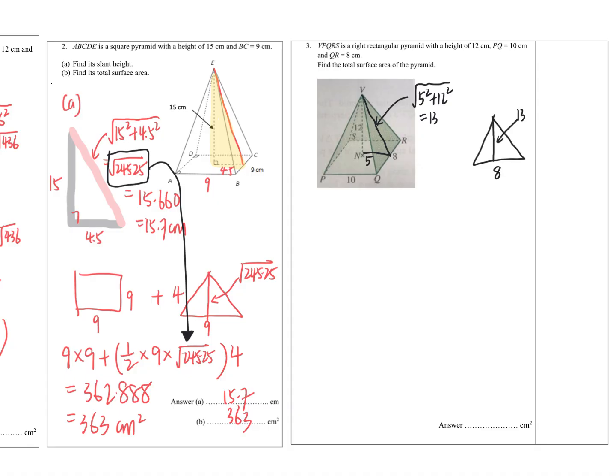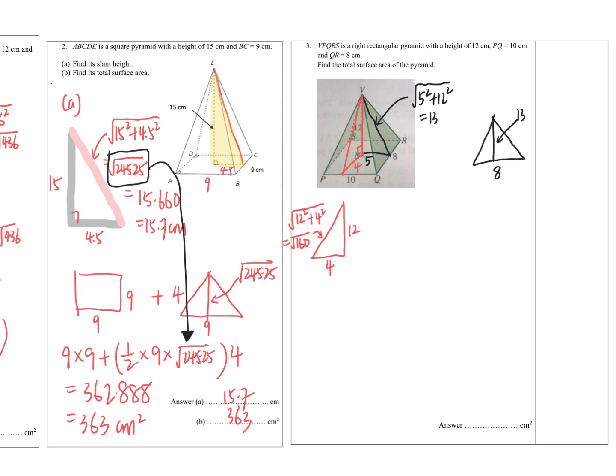We found one already. The next one I need you to find is this one. Okay? So the base here is 4. If I were to redraw this, the triangle is 12 with a 4. So to find this is 12 square plus 4 square, square root. If it's not exact, don't calculate first. You will get square root 160. Leave it as square root 160 first.